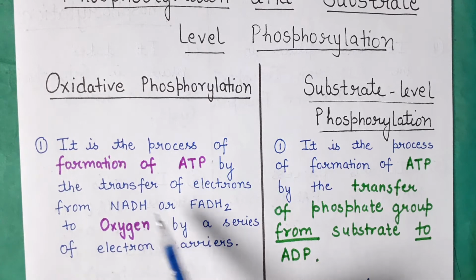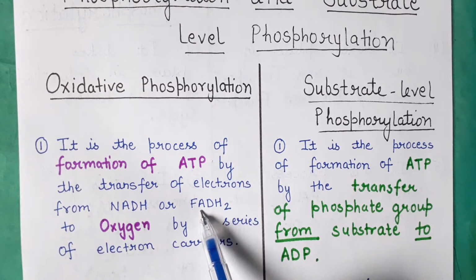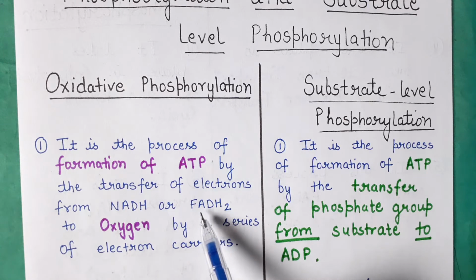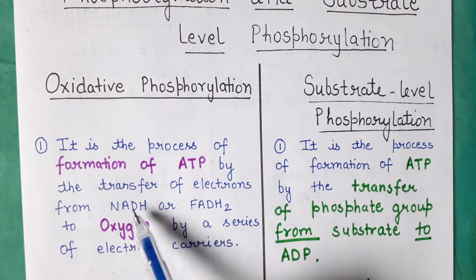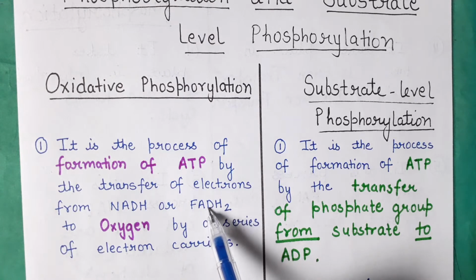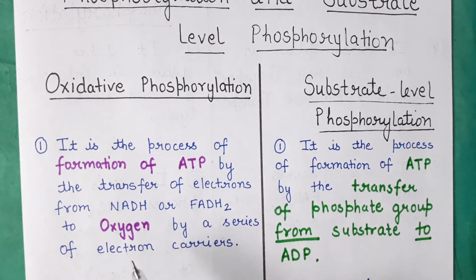The NADH or FADH2 formed from glycolysis as well as the Krebs cycle are oxidized, and the electrons from them are transferred through a series of electron carriers and ultimately accepted by oxygen.